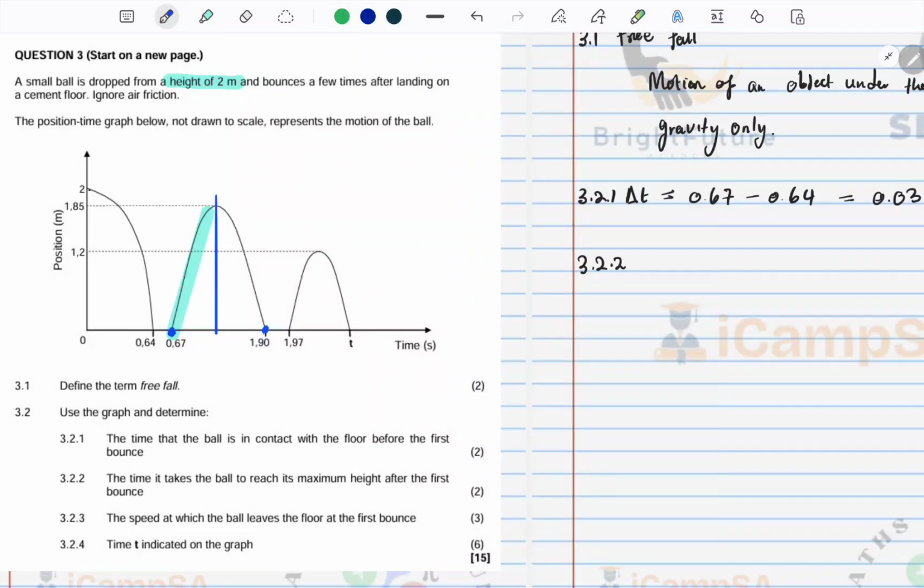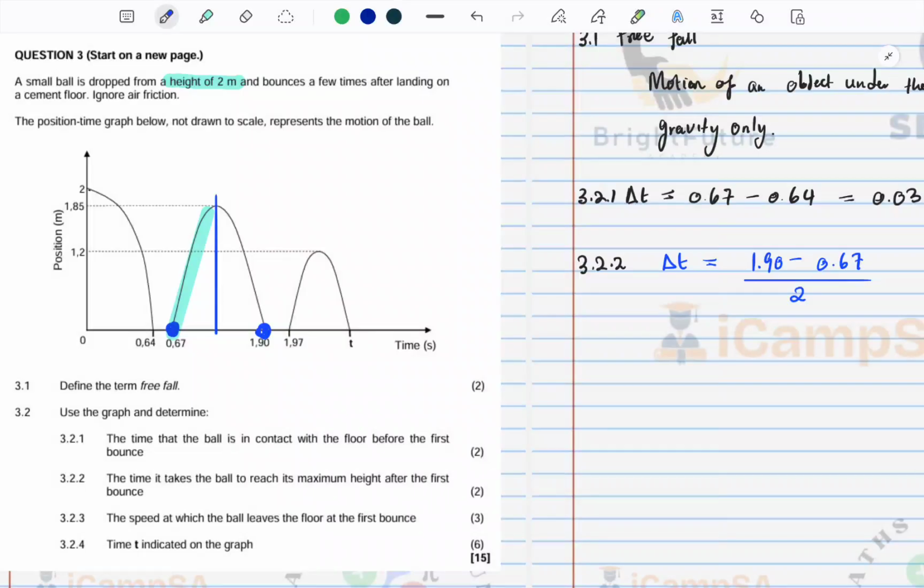So what we're going to do again, we're going to say delta t equals 1.90 minus 0.67. Now note this is the time it took to move from here until here. But to get to the maximum, which is the half, we can divide this by 2, and then we're going to get the time.